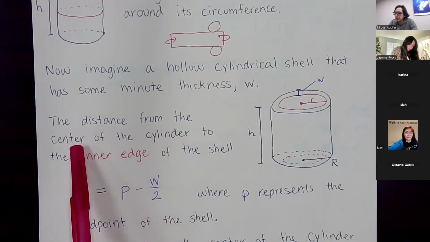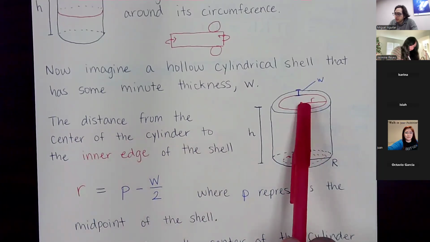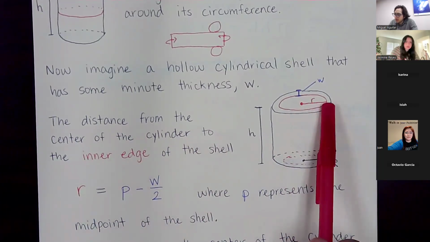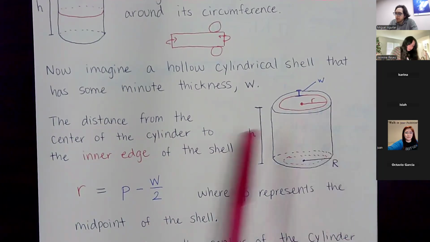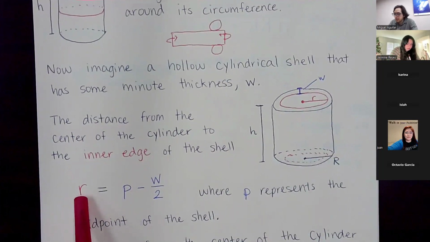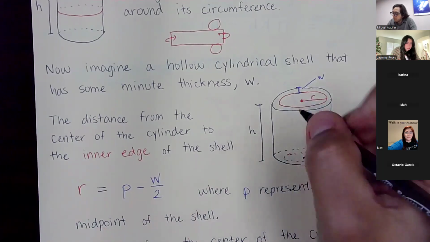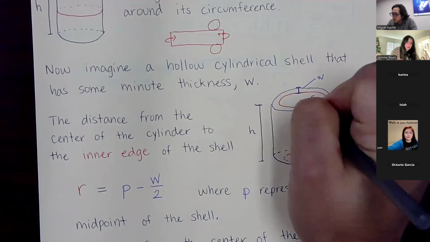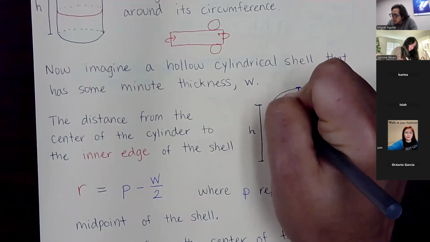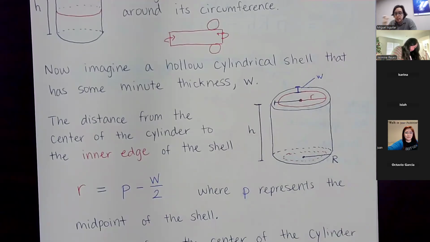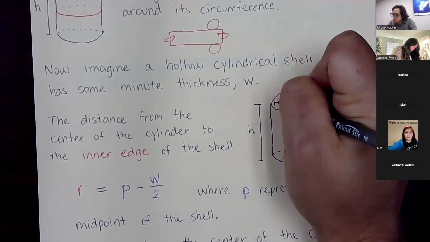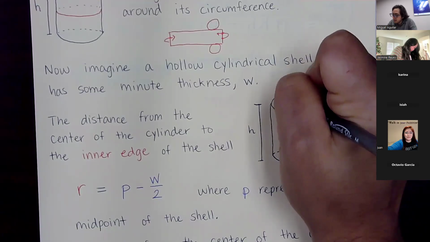The distance from the center of the circle, this inner circle here, to the inner edge of the shell can be represented by lowercase r, equals p minus w over 2, where p represents the distance from the center to the midpoint of the shell's thickness.